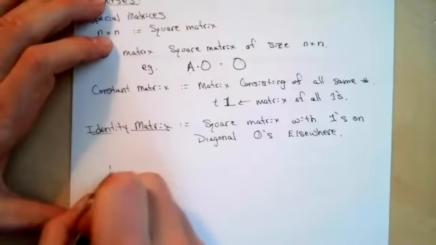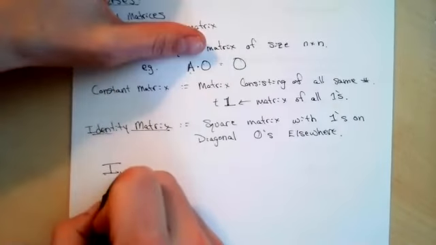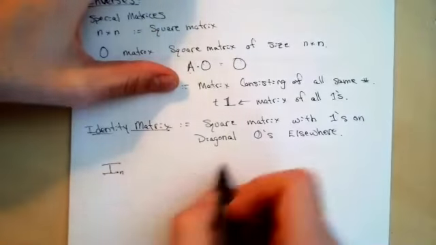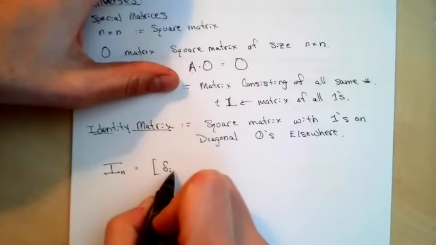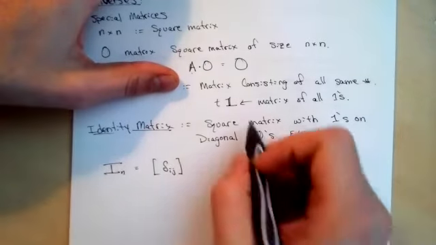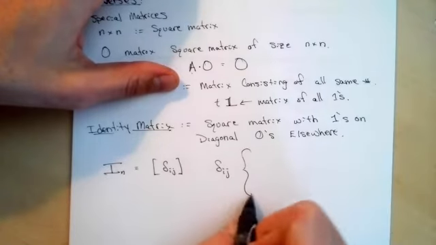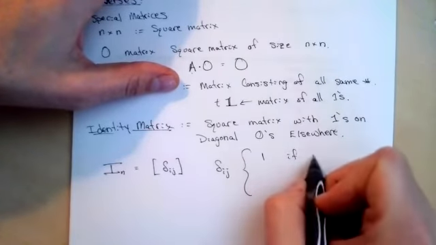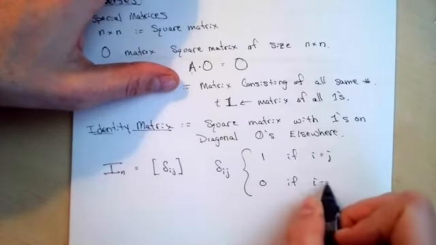We often call our identity matrix I, and sometimes we'll put a subscript down there. So if I say I sub n, it just means an n by n identity matrix, given by the delta ij function, which is called the Kronecker delta. So 1 if i equals j, 0 if they're not equal.